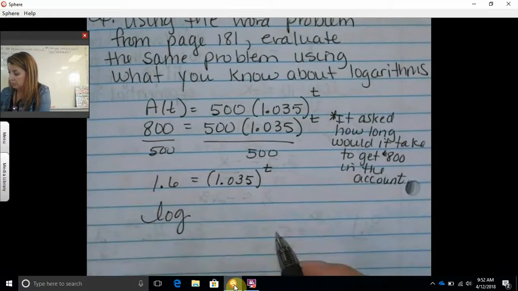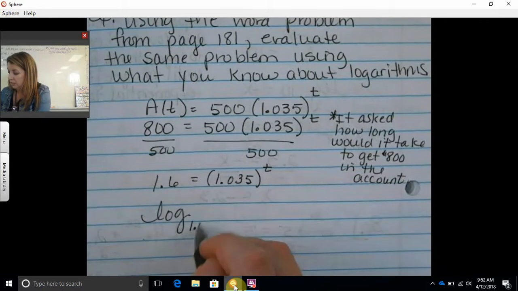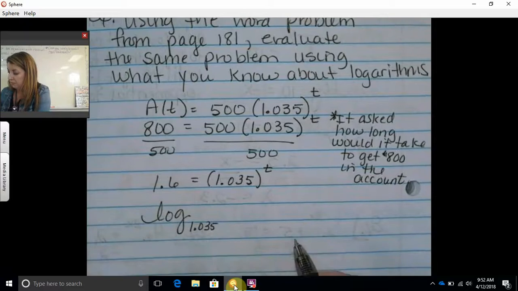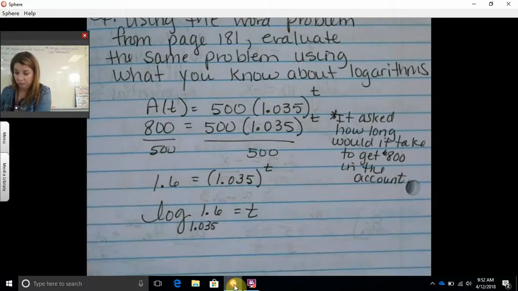Log base what? Here's my base. Log base 1.035 of 1.6 equals t.